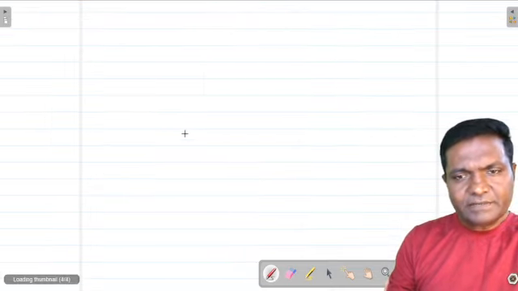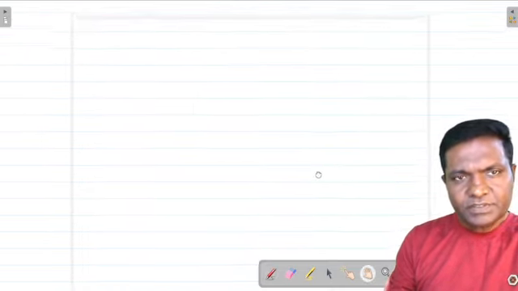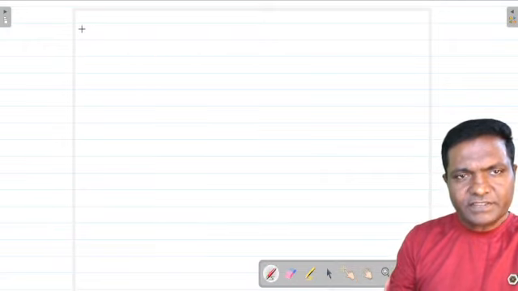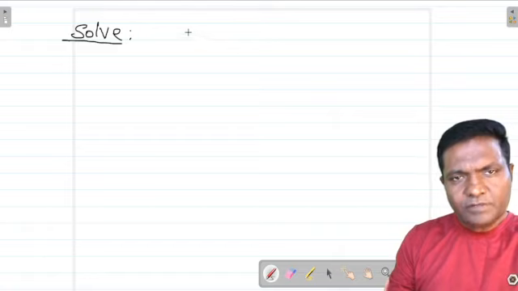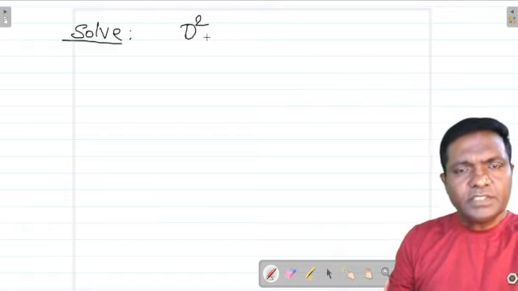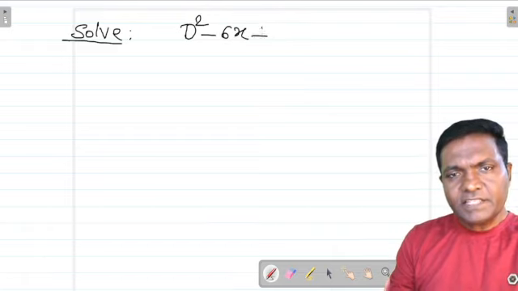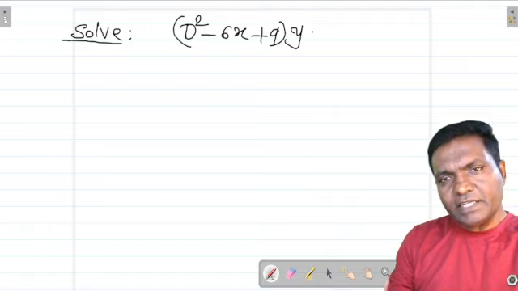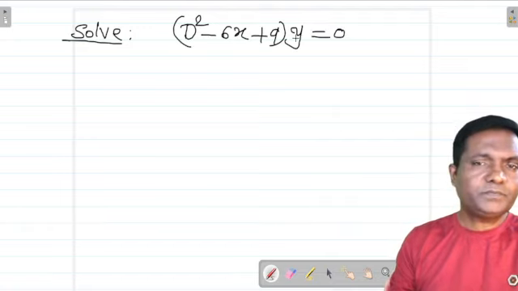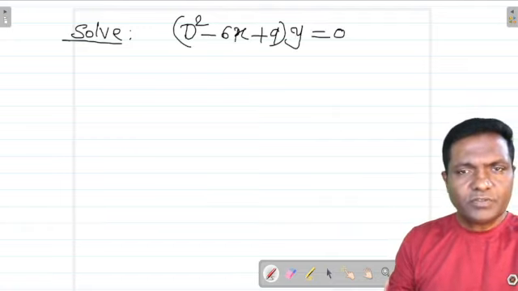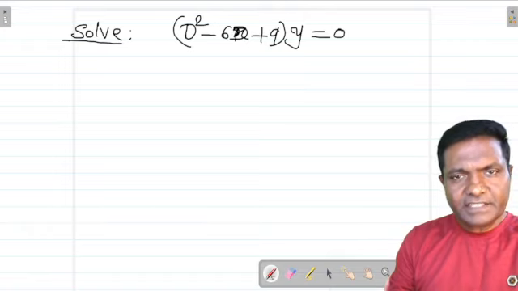See another example. Suppose you are asked: solve (D² − 6D + 9) y = 0. It is not 6x, it is 6D.